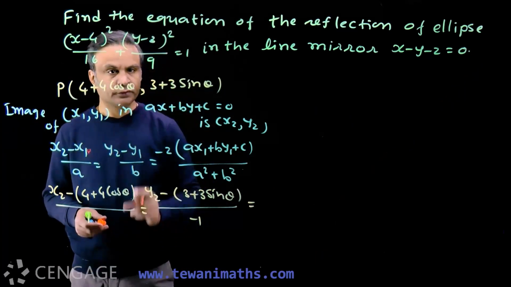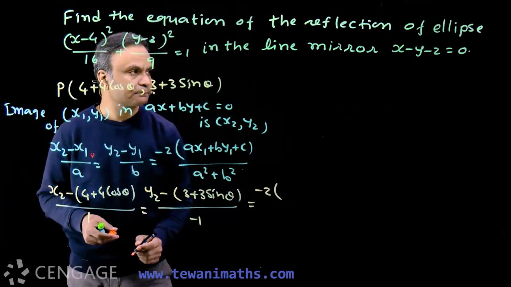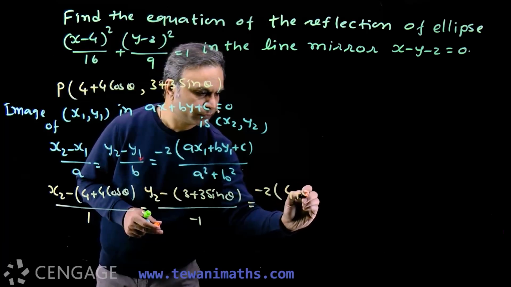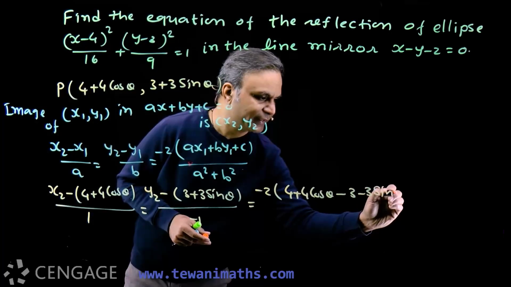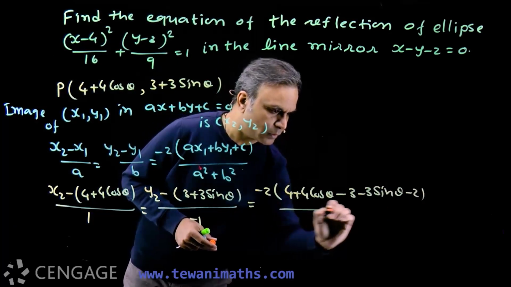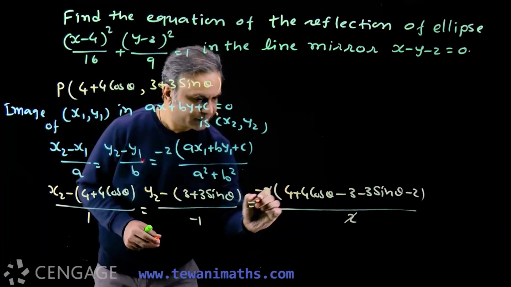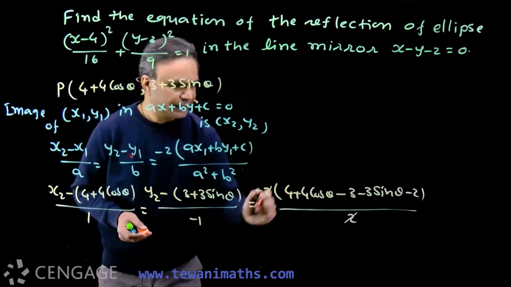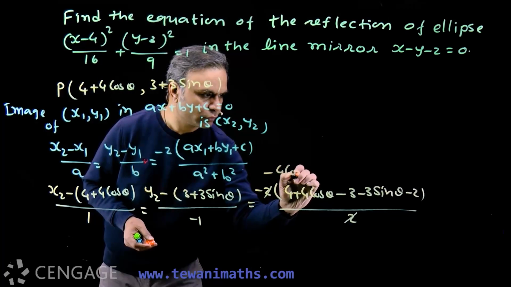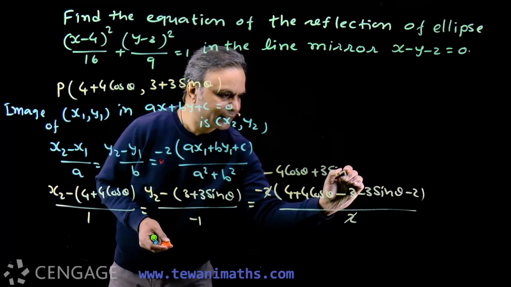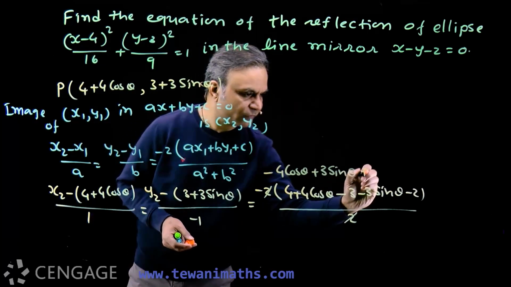This is equal to, we put these coordinates in this expression. We have minus 2 multiplied by 4 plus 4 cos theta minus 3 sin theta minus 2 upon a square plus b square which is 2. Here 2 gets cancelled out. Okay, and we get here minus 4 cos theta plus 3 sin theta. 4 minus 3 minus 2, minus 1, so we have here plus 1.